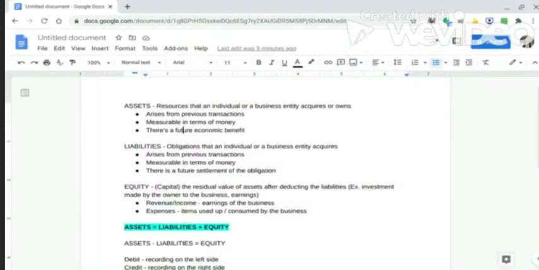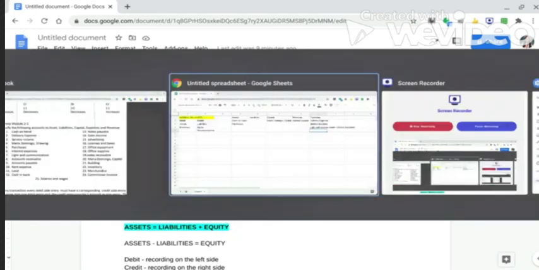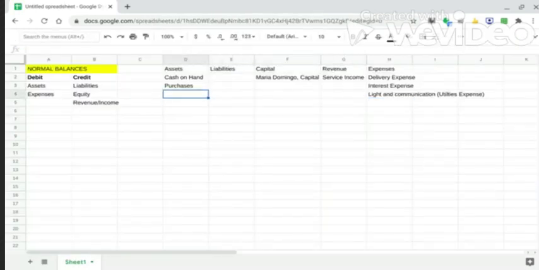Meron kang mako-collect in the future. So, that means mapapakinabangan mo to in the future. There is a future economic benefit that you can measure in terms of money kung magkano yung halaga ng face mask na inutang niya sa'yo. And that previous transaction is a fact na nangutang siya sa'yo, si customer. So, that means accounts receivable should fall under assets. Highlight natin yung label. Accounts receivable.